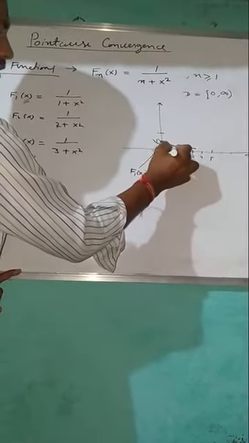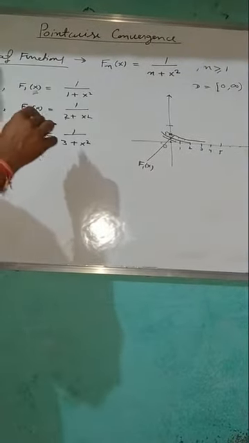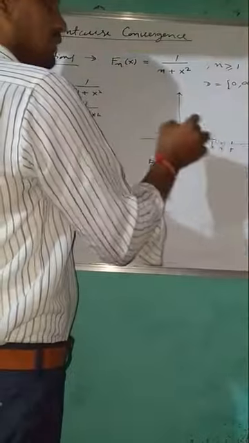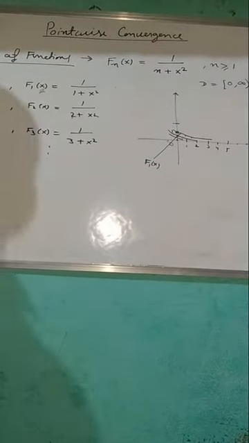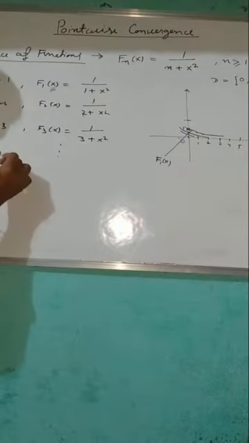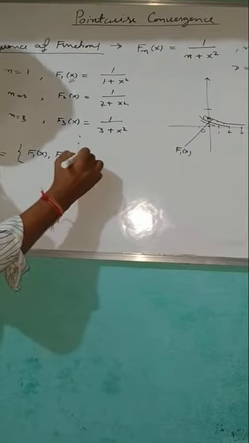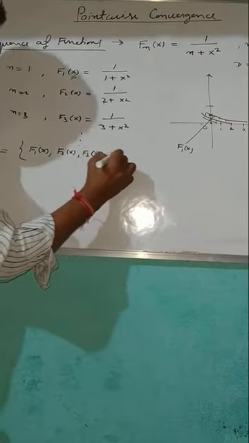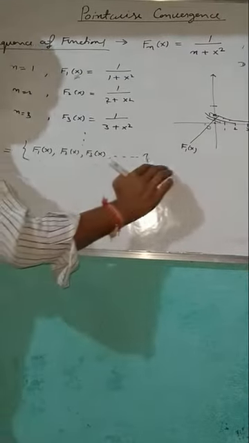So the second graph is this, and similarly the third graph is this. All the graphs are plotted in different areas of the coordinate system, and we can write this sequence of functions as f_1(x), f_2(x), f_3(x), and so on. This is the set of functions, the sequence of functions.